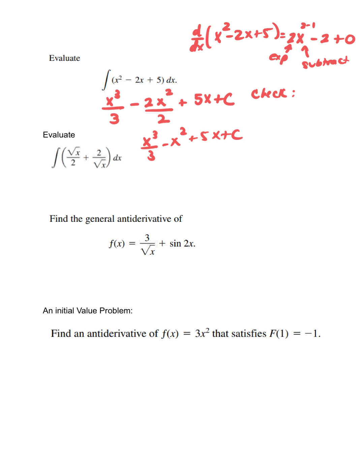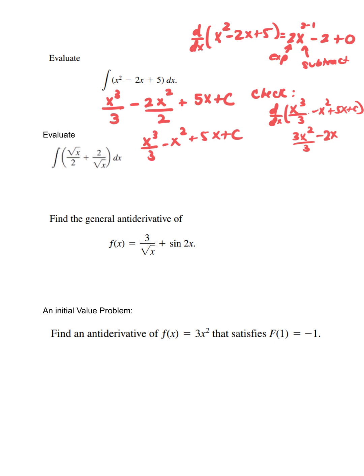So when I'm checking my work, what I would want to do is take the derivative of that. So I'd be taking the derivative of x cubed over 3 minus x squared plus 5x plus c. The 3 would go to the front, and I would subtract 1 from the exponent.